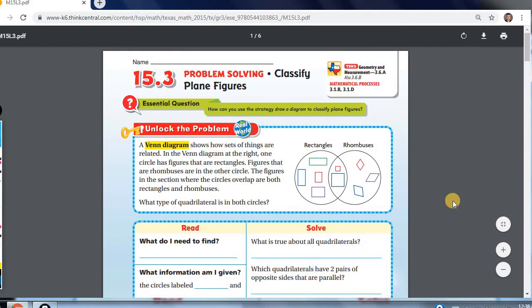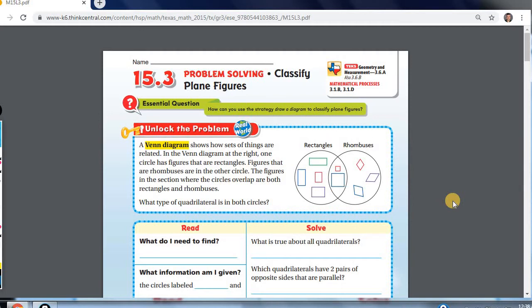bit more guided with you as opposed to the other ones where we're solving mathematical equations. This one is going to deal with more of the logic aspects of the plane figures, of polygons, quadrilaterals, and all the shapes that we reviewed earlier in the previous sections.